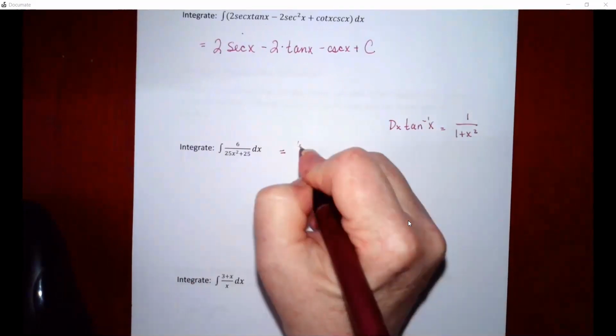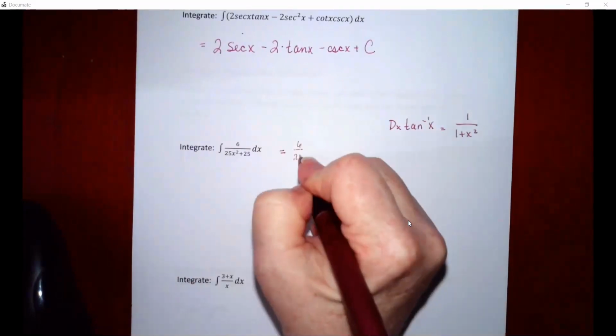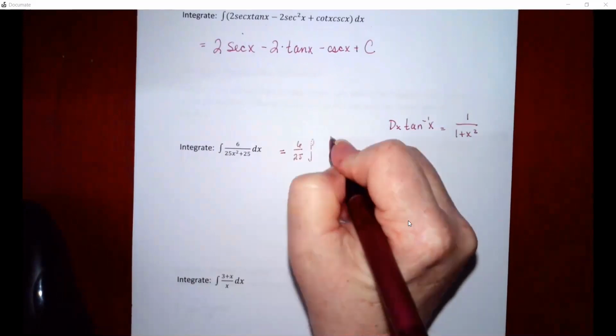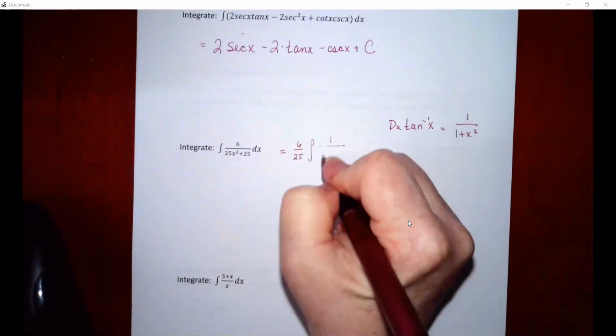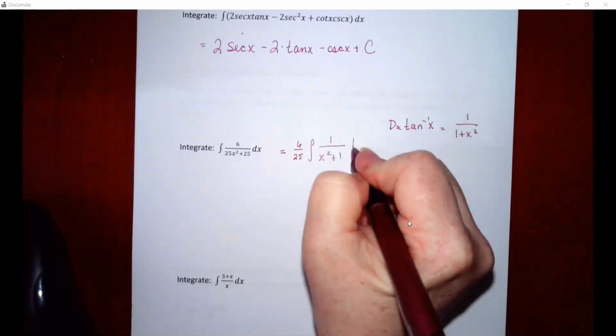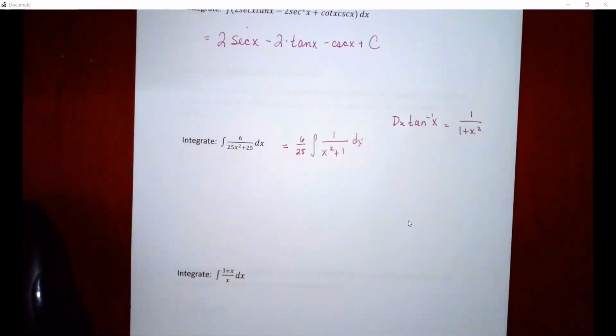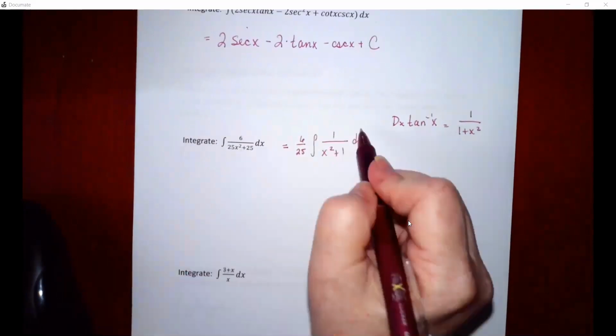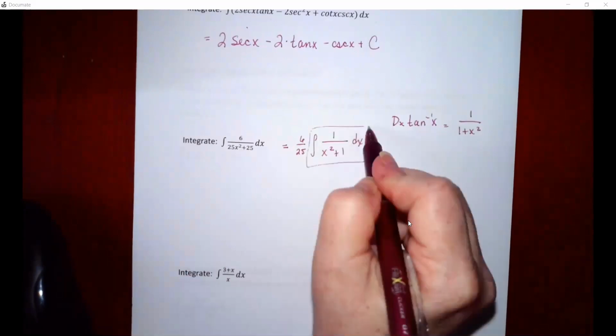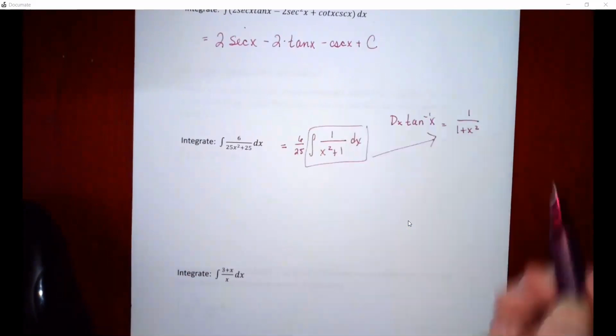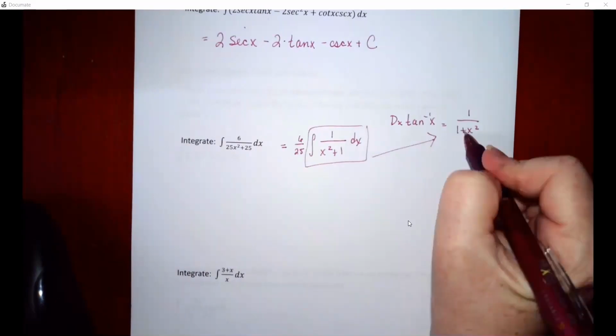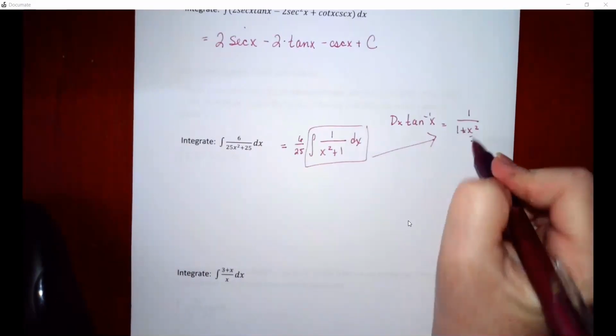We could make this 6 over 25 times the integral of 1 over x squared plus 1 dx. And with that factorization process, the integral part now exactly fits to take the integral of 1 over 1 plus x squared and get our tangent x.